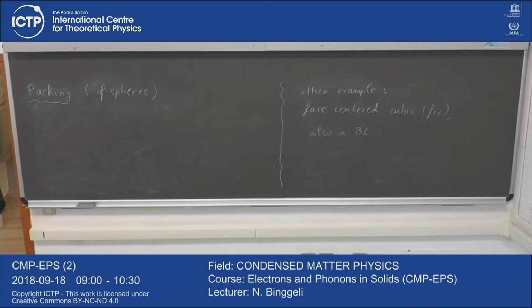And the idea is that to some first order approximation, atoms may be considered as just spheres. And one would like to ask the question, what is the most efficient way in 3 dimensions to pack these spheres? That is, to have the least amount of empty space between the spheres.